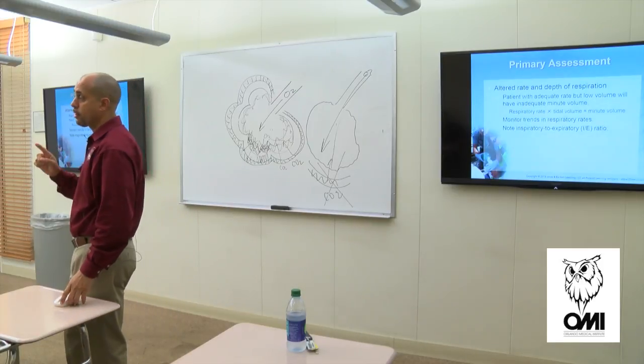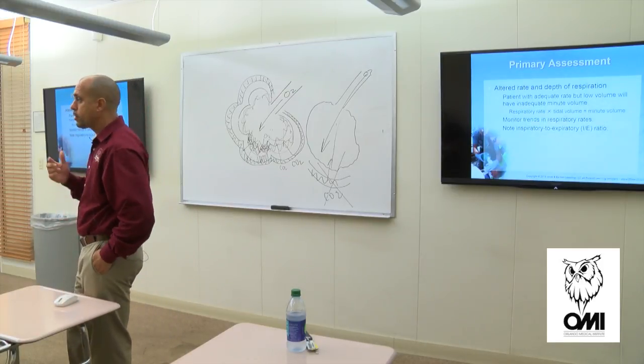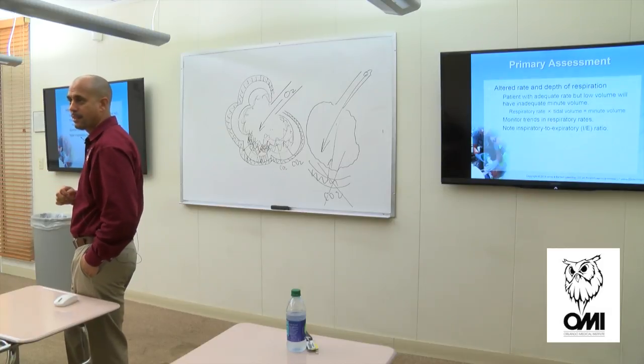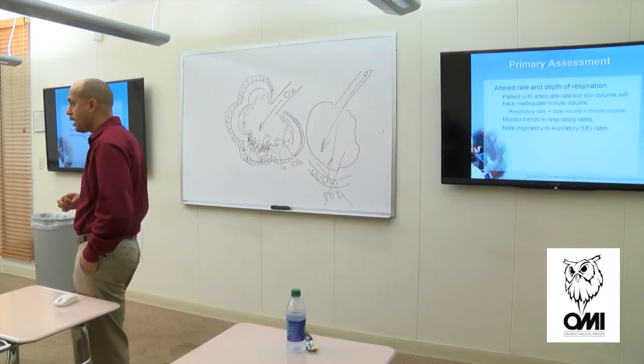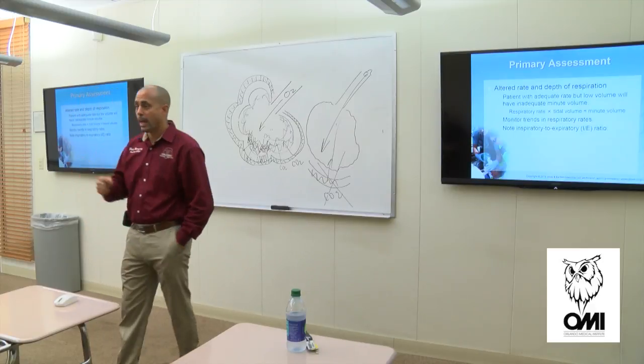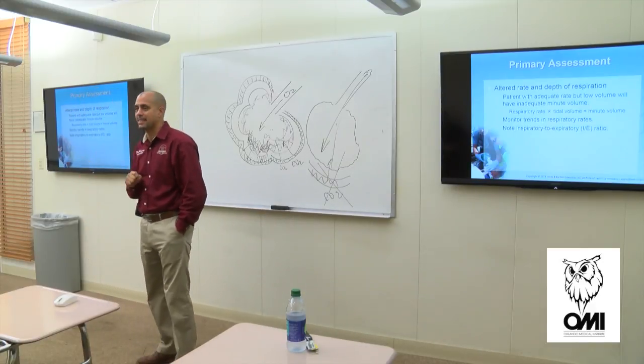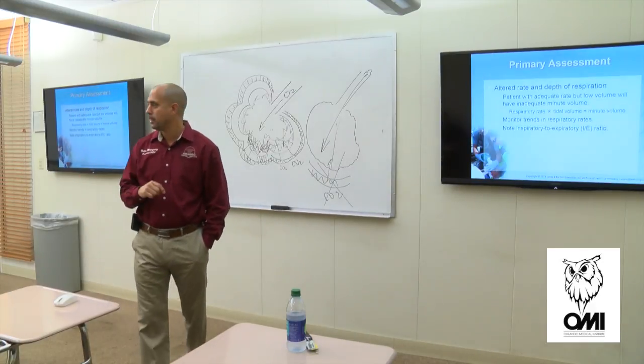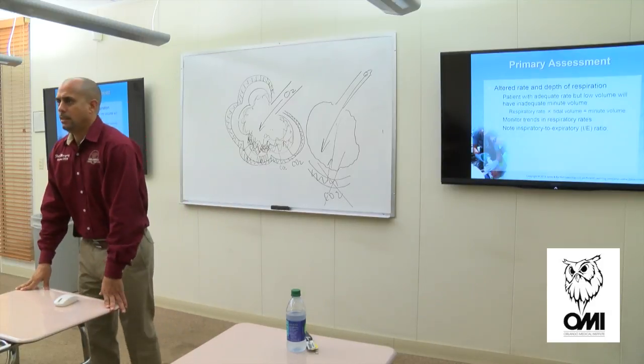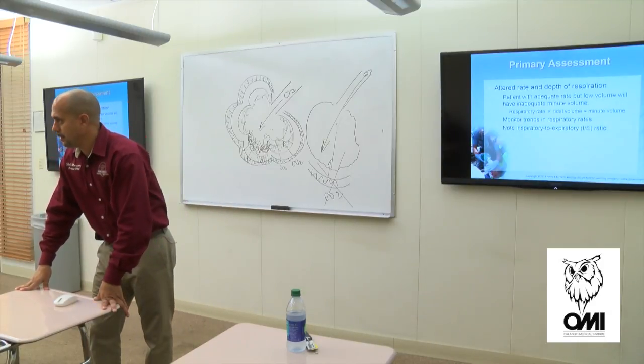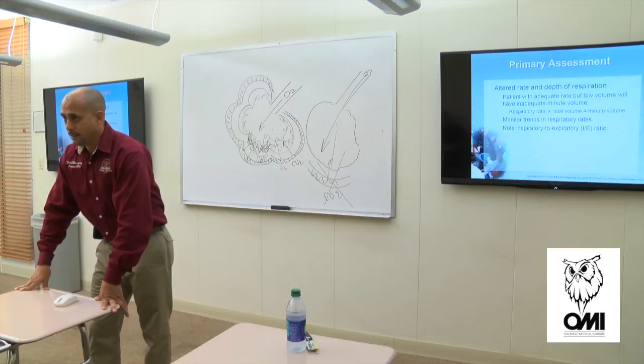It's when we start seeing those ratios change, 1 to 4, 2 to 6. What's that telling you? I'm struggling to do what when I've got a 1 to 6? Exhale. So I have a prolonged expiratory phase. That is classic for asthma. You'll see they make this effort, and they struggle.